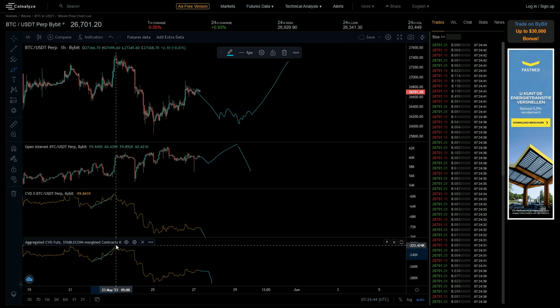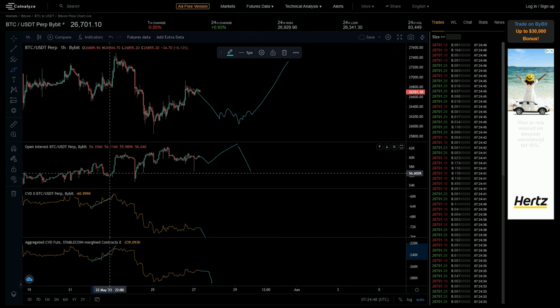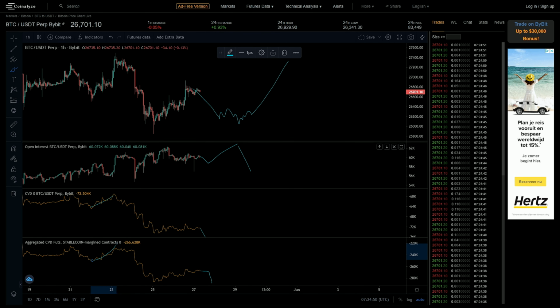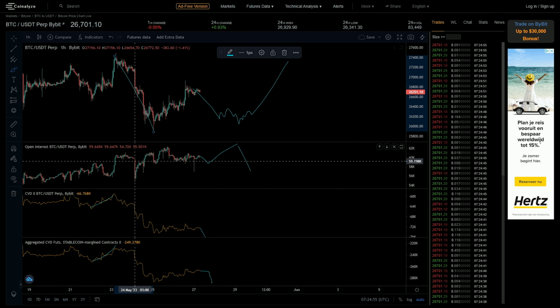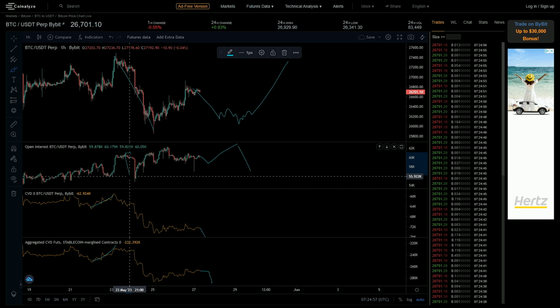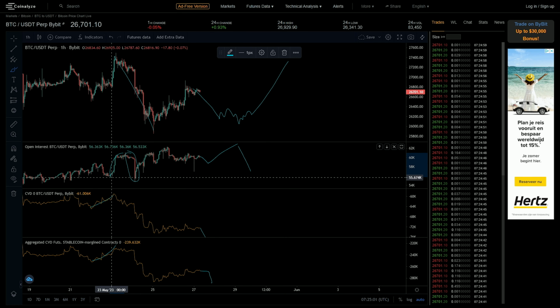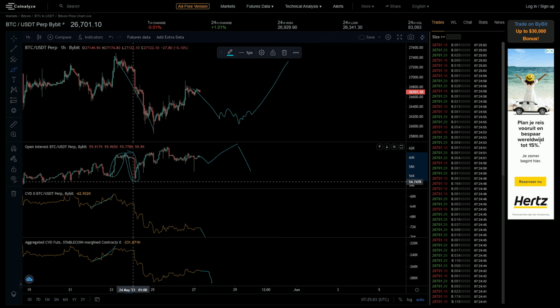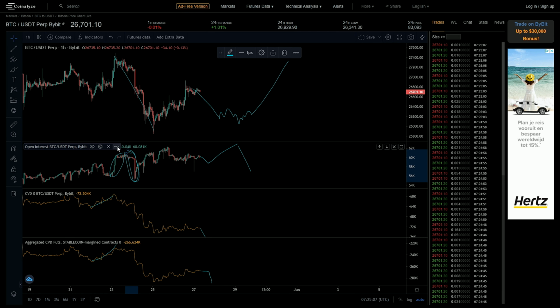Now, longs were being opened while we were near support. Open interest was rising massively. What happened? We got a long squeeze towards the downside. And what happened to the open interest? All of the money got once again wiped out of the market. So all of the money that came into the market over here was wiped out once again over here, which is why the open interest decreased once again.